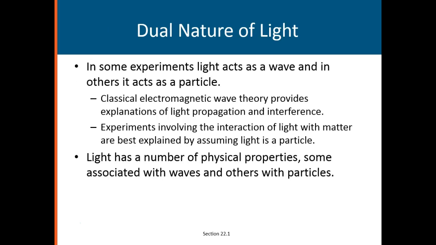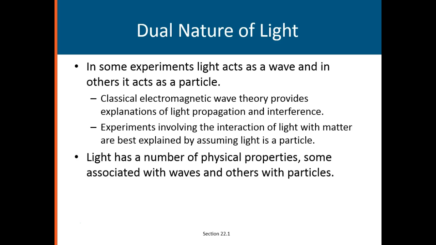Okay. Continuing with this, in some experiments, light acts like a wave, in others acts like a particle. The classical electromagnetic wave theory, that would be Maxwell's laws and that kind of stuff, gives the explanations of light propagation and interference. And you have experiments that show exactly that.